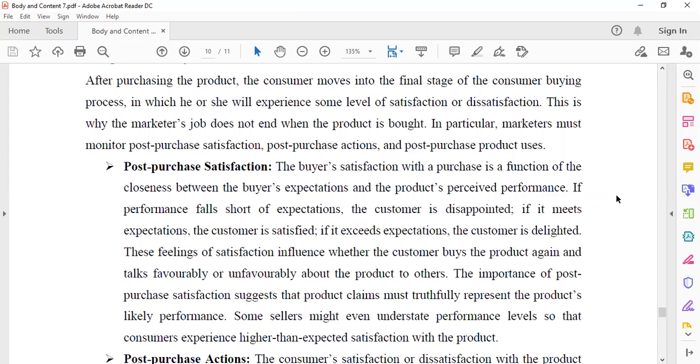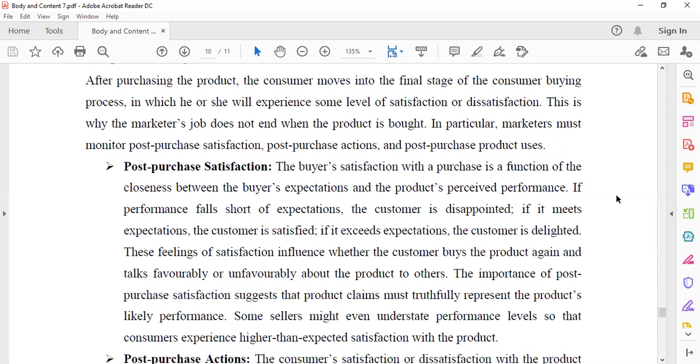And it is important that as a marketer, you are still active even after purchase. In some instances, studies have shown that post-purchase dissonance occurs not because the product is bad in itself, but because the consumer uses it wrongly.